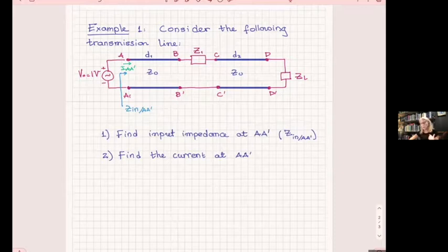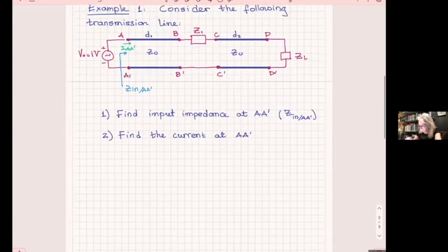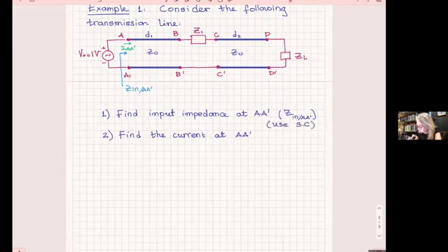I always do that whenever I have to solve a problem, even if they give me a figure in the problem, I redraw it myself because it helps me put the whole problem here. And then let's assume here I'm asking you to use the Smith chart for this. Use Smith chart. That's what it means, not South Carolina. It means Smith chart. All right, and now I have the solution here.